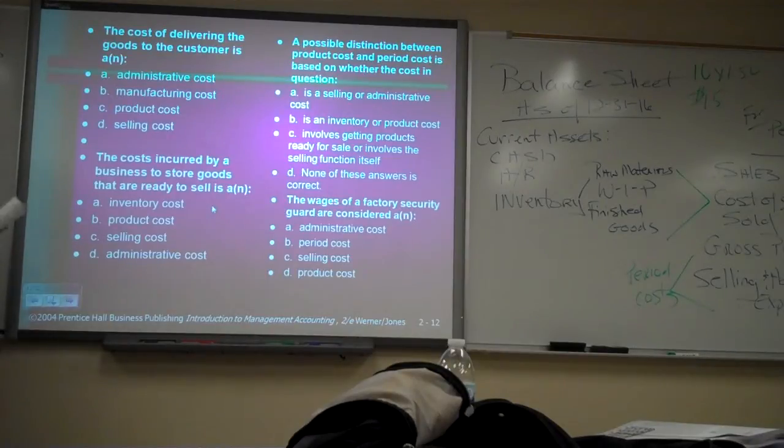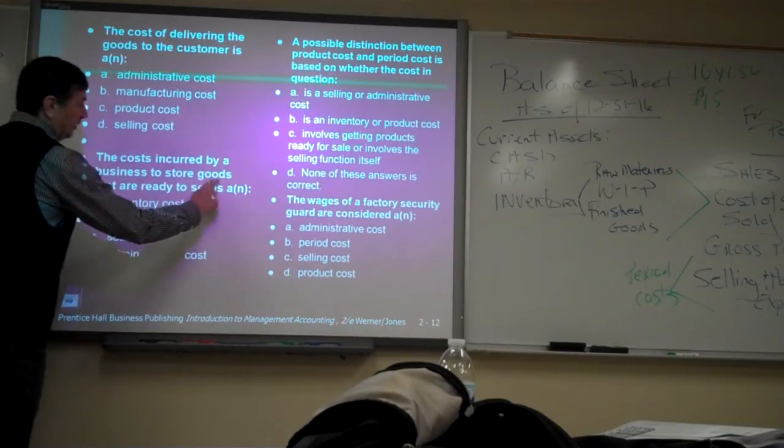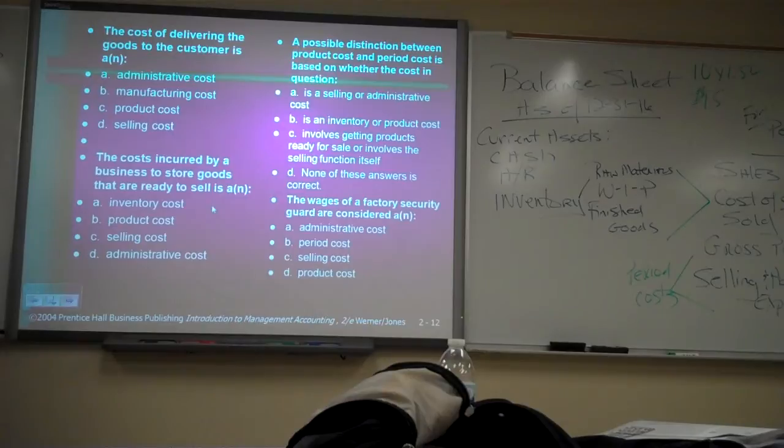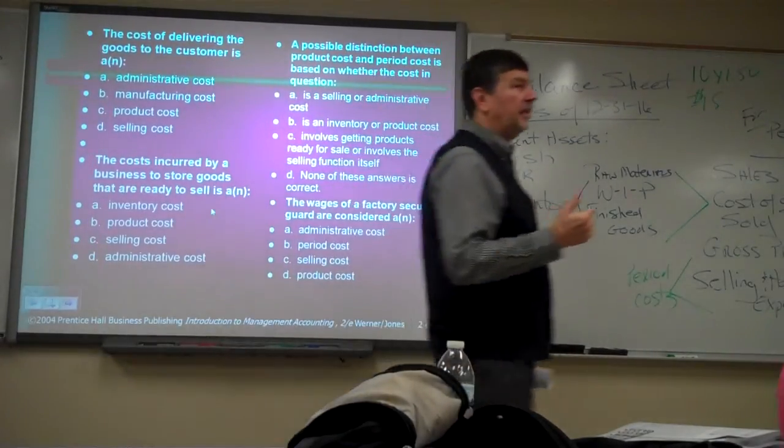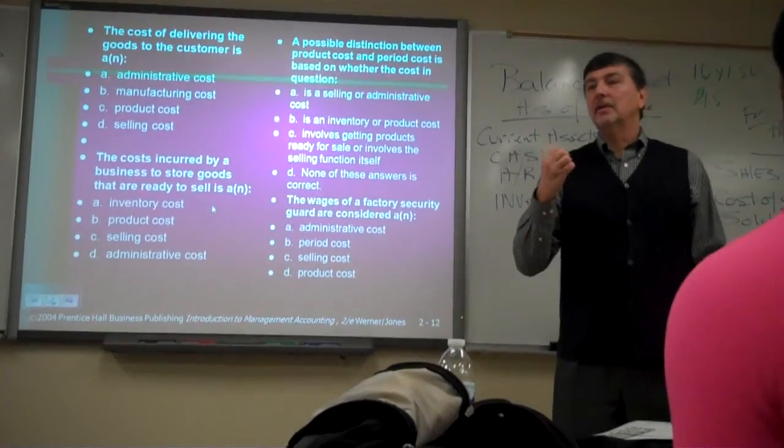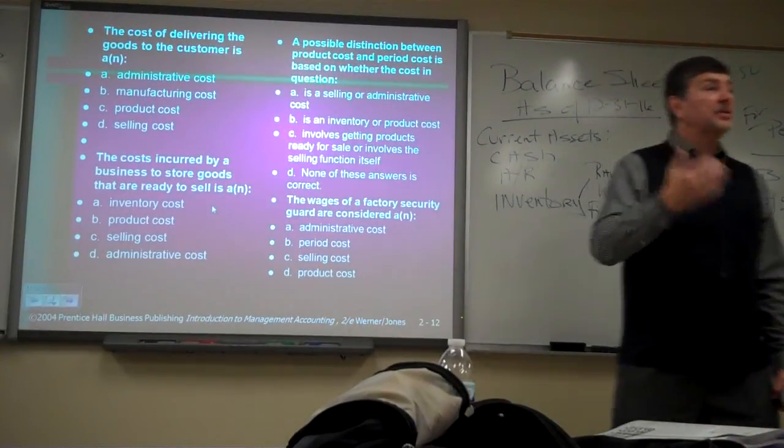Now notice this is a little different. We're storing the goods. That really doesn't have anything to do with selling, does it? So this is an administrative expense because the goods are just sitting there waiting to be sold. Selling expenses have to do with paying your salespeople, your advertising, all that good stuff. Those are your selling costs.